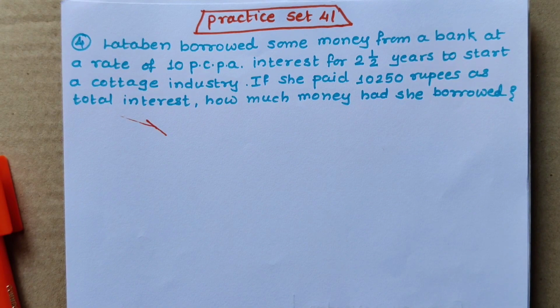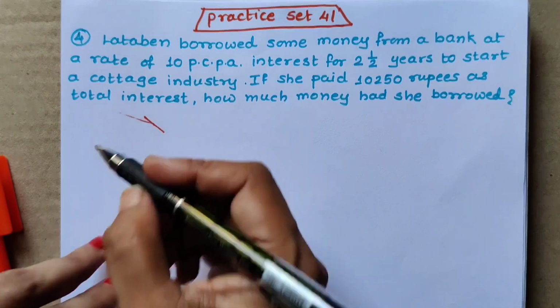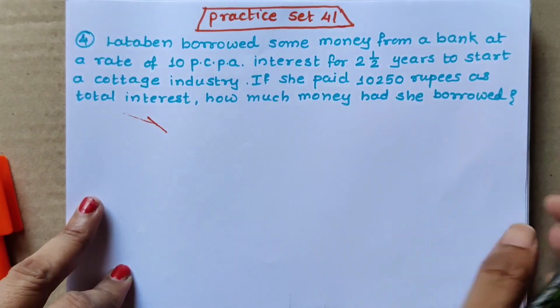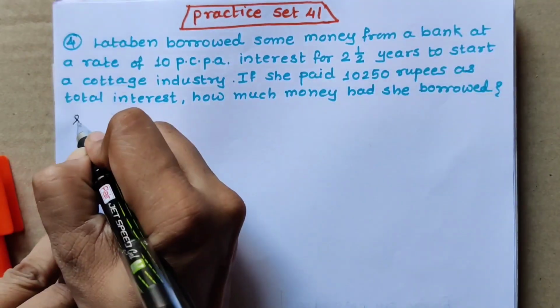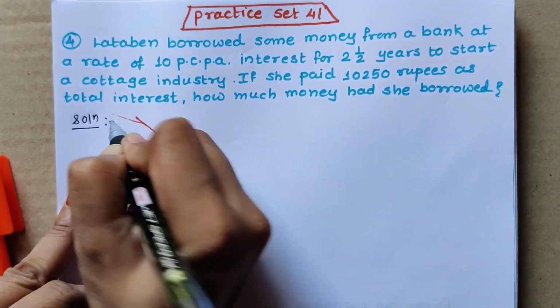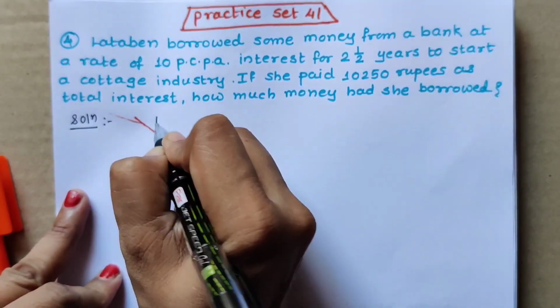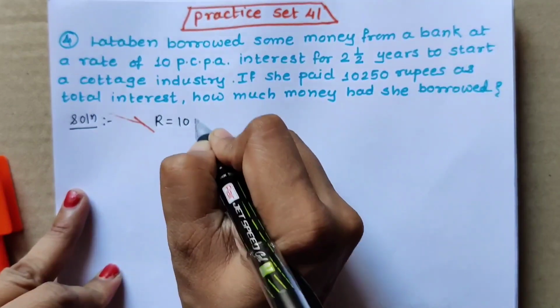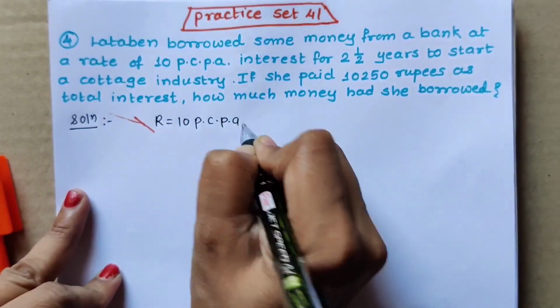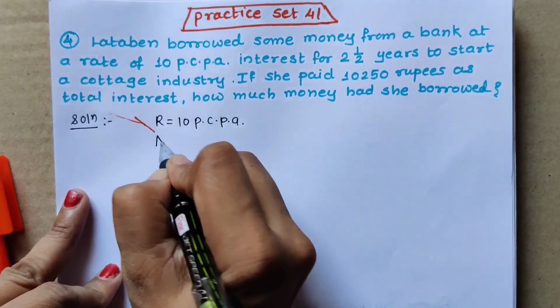In solution, we write all the values. First, the rate of interest 10 PCPA is given to us. R is equal to 10 PCPA. Then number of years are 2.5.